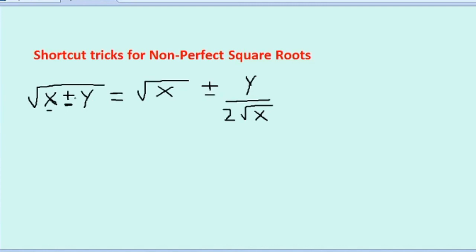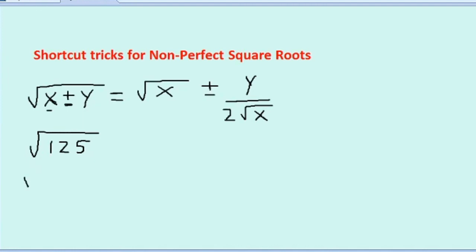Now let's take an example which will clarify all these doubts. Let's take root 125. I have to divide 125 in such a way into x plus y that x should be a perfect square and the remaining number should be small.